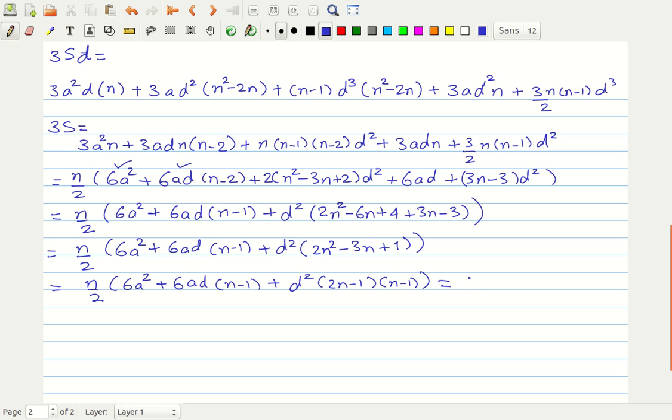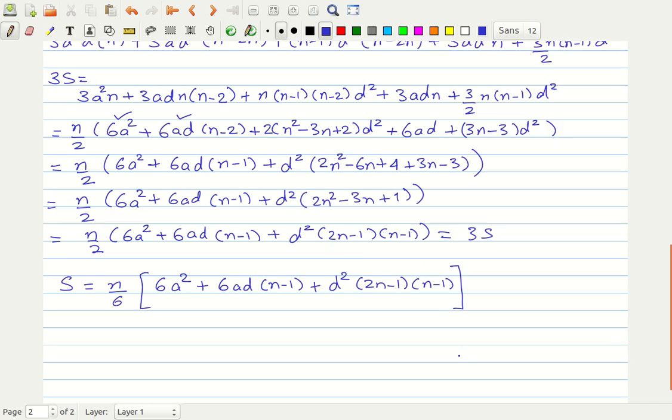Remember that this is still equal to 3s from here. So what is s going to be? Finally our s is going to be n by 6 times 6a square plus 6ad n minus 1 plus d square times 2n minus 1 times n minus 1, and finally we are done.